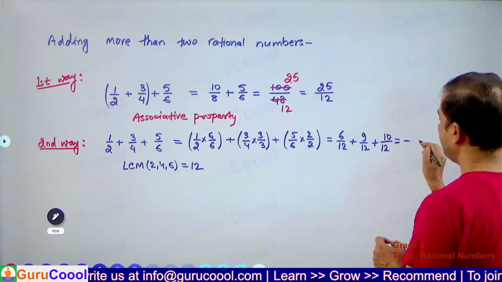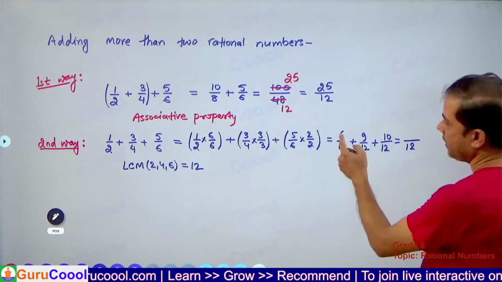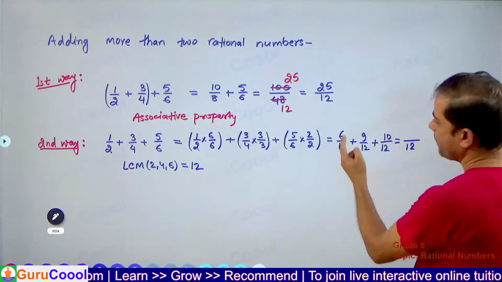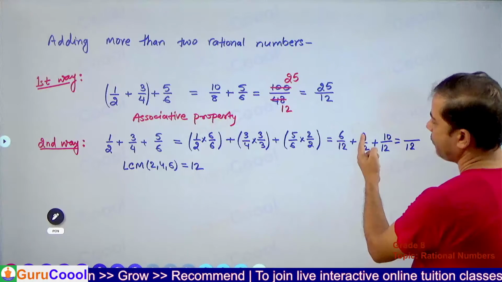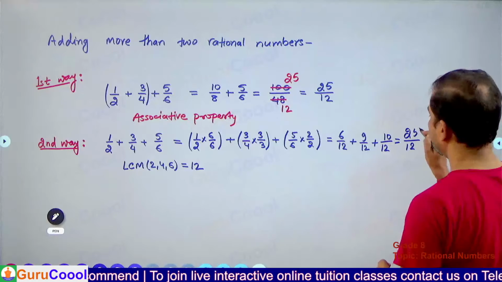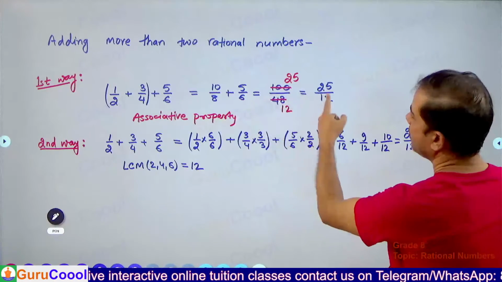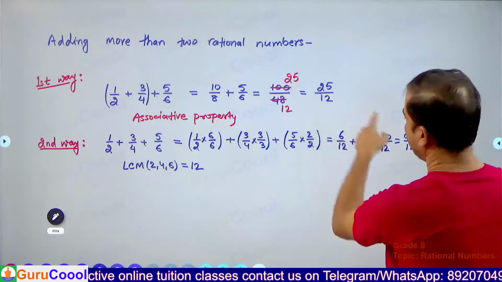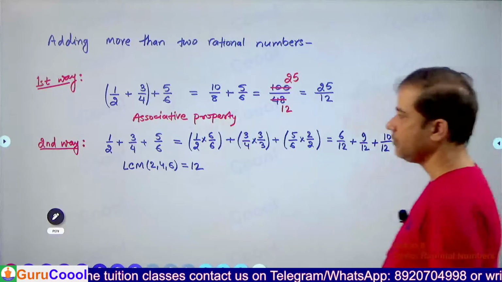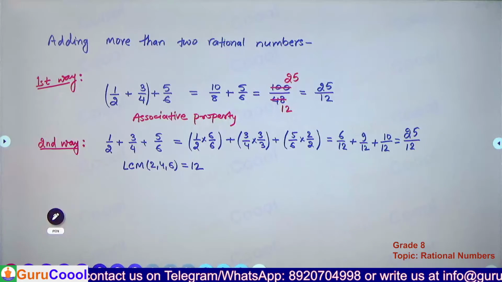So the same denominator will come here in the answer, and I can add the numerators now directly. 6 plus 9, 15 plus 10, 25. And see, I got the same answer. The first way and the second way, both are giving the same answer. It's your choice, how do you add them?